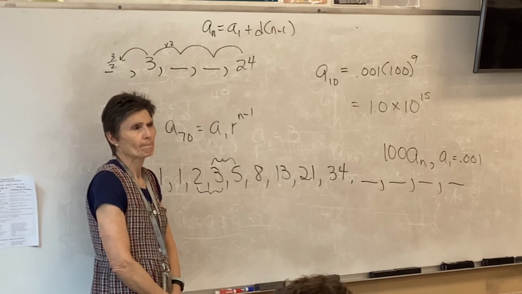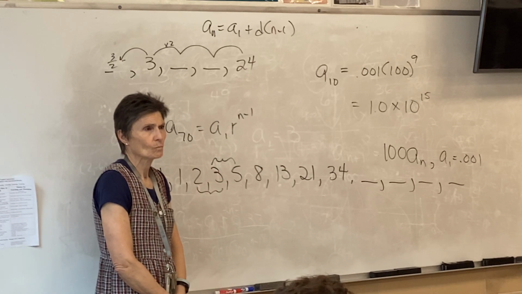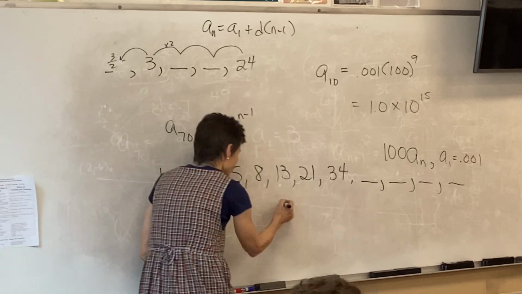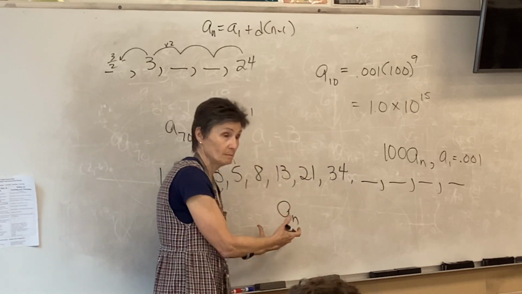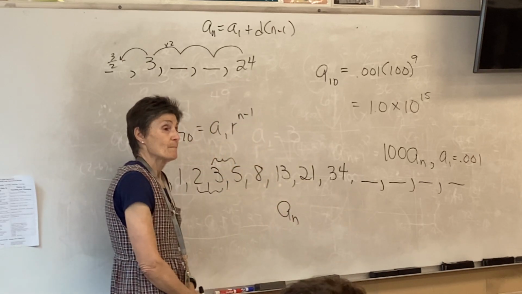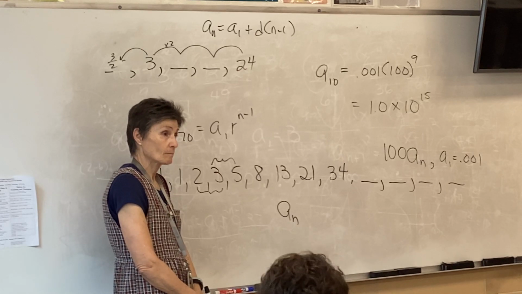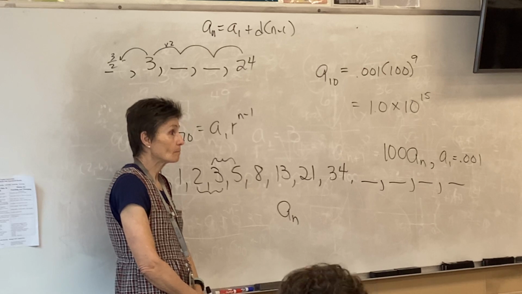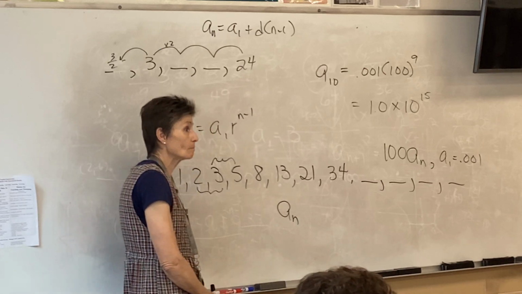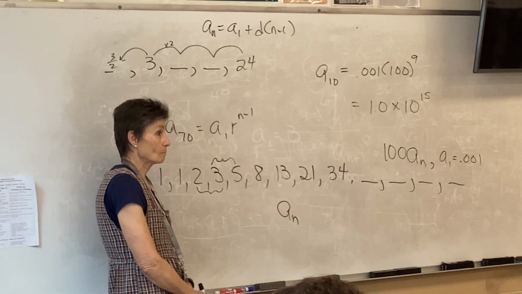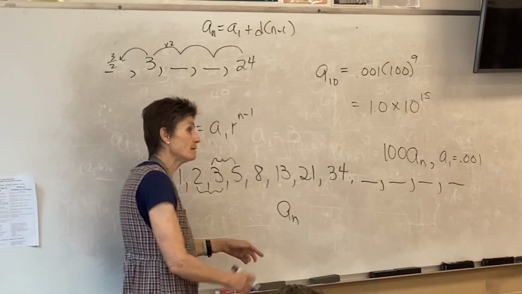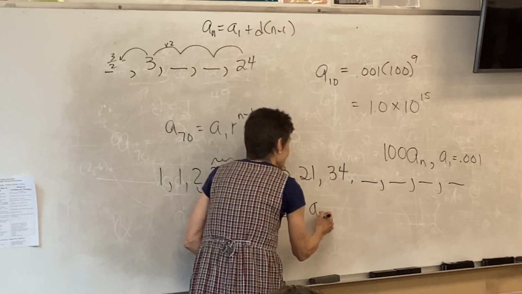Okay, so wouldn't it kind of be like a sub n, that's some term, would equal a sub n minus 1 plus a sub n minus 2. Normally we write it this way, but it doesn't matter.